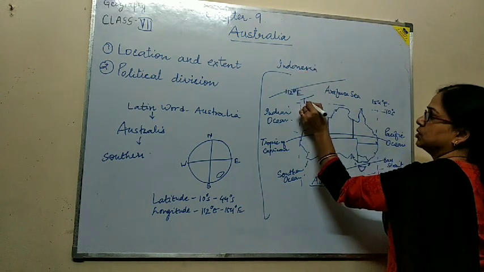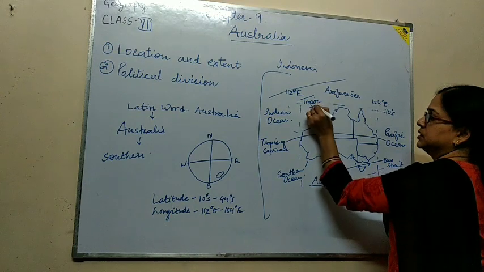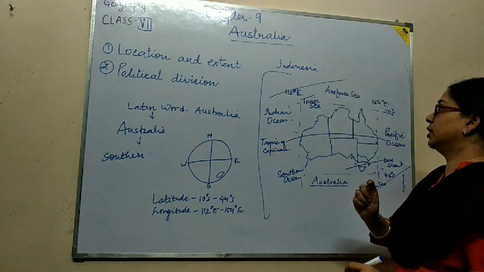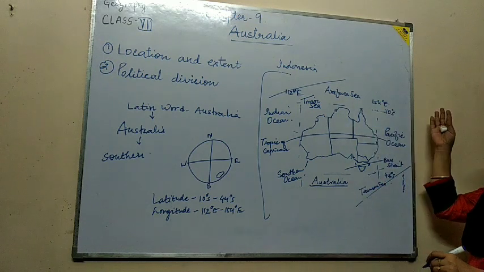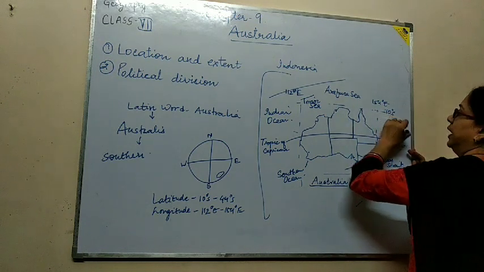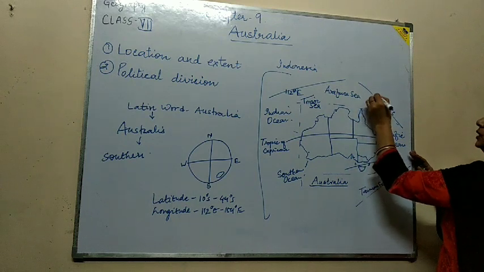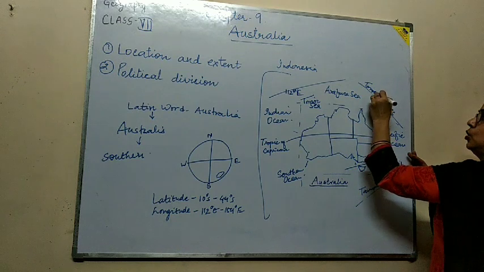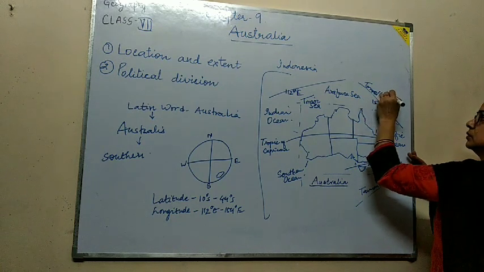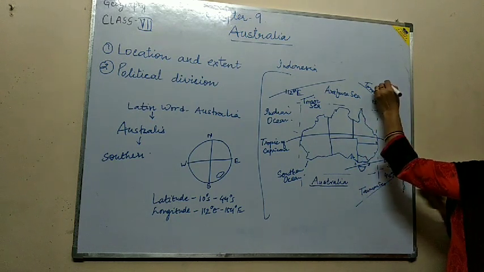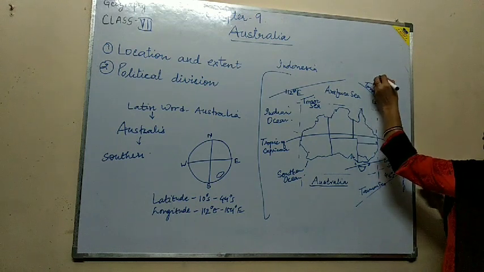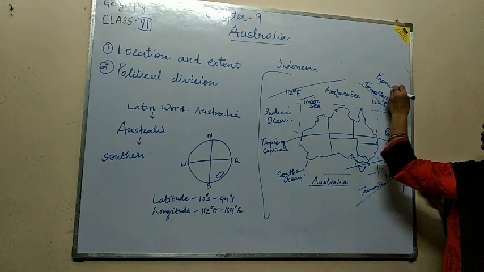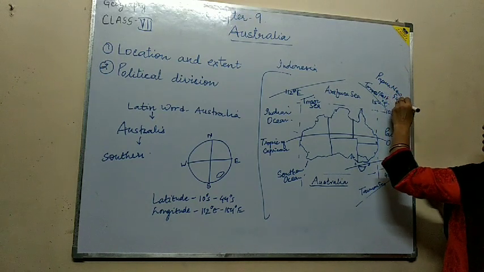by the Timor Sea. The Timor Sea separates the continent of Australia from Indonesia, and in the northeast it is separated by the Torres Strait. The Torres Strait separates the continent from Papua New Guinea.